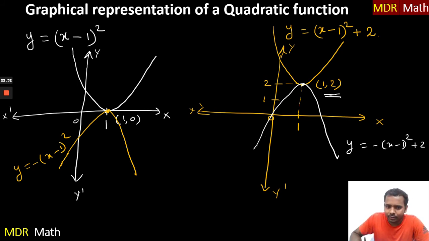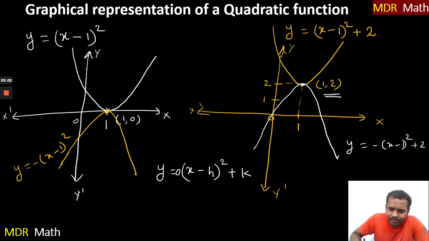When you have an equation y is equal to x minus h whole square plus k, then what are your coordinates? When you have x minus 1 whole square plus 2, the coordinates are 1, 2, or when you have minus x minus 1 whole square plus 2, it also has the same.